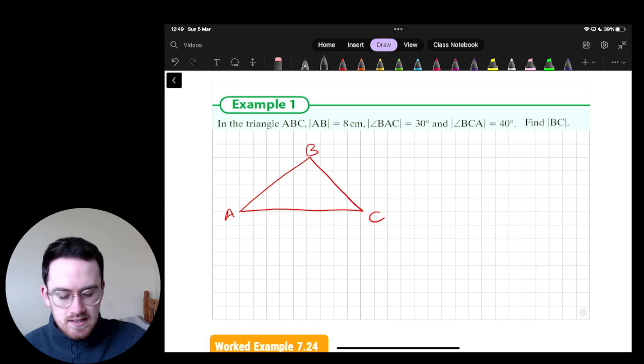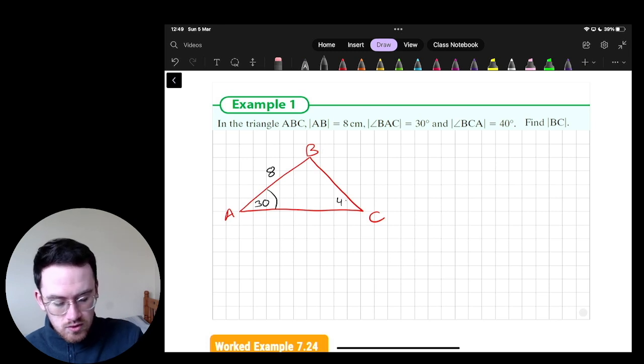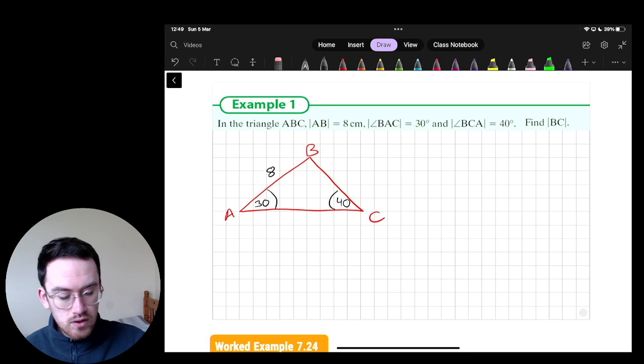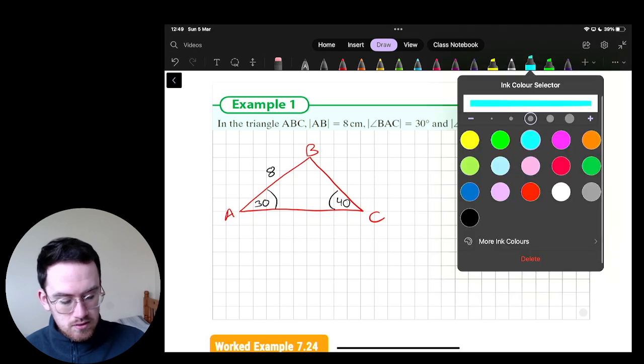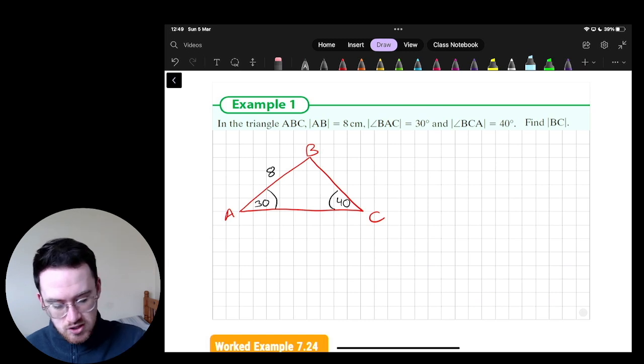So AB is 8 centimeters, which is here. Angle BAC is 30 degrees, which is here. And then angle BCA is 40 degrees, which is here. And we are looking for side BC, which is this side here.